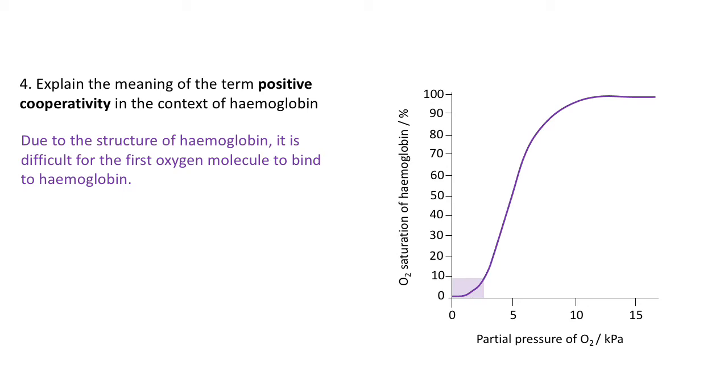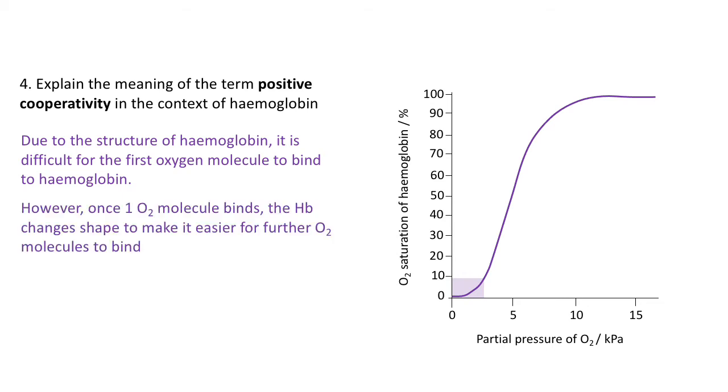And there's good reason for that. If you've got a low partial pressure of oxygen, you don't want hemoglobin to take the oxygen away, because clearly it's required. It's important you're not taking oxygen away from where it's very low.